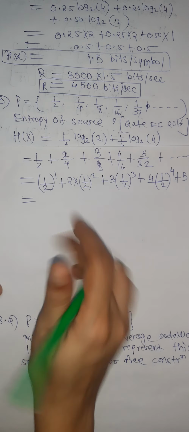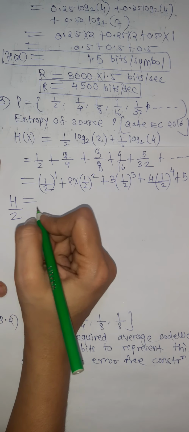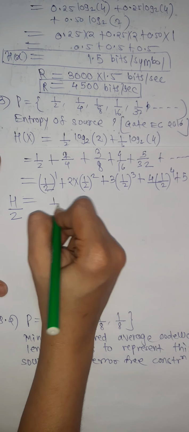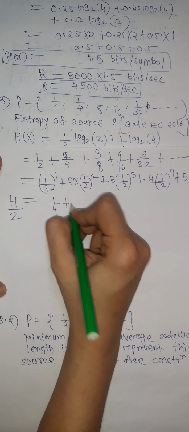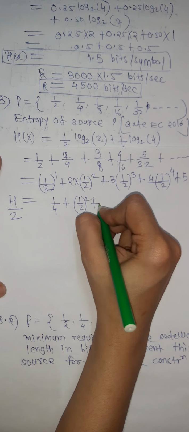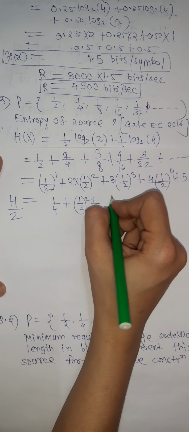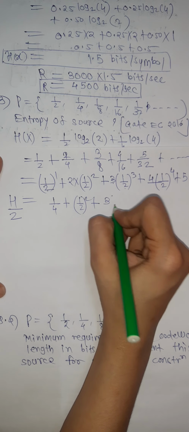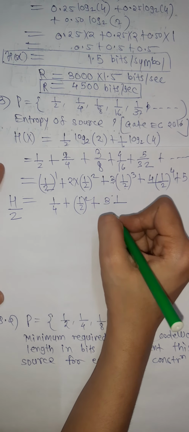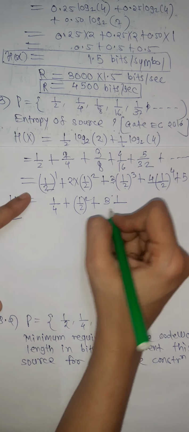Now if I divide both the sides by 2, I will get 1 by 4 plus (1 by 2) squared plus 3 plus 1 by 2 divided by 2, means 3 (1 by 2) cubed, plus 4 (1 by 2) raised to 4 plus 5 (1 by 2) raised to 5, divided by 2, and so on.